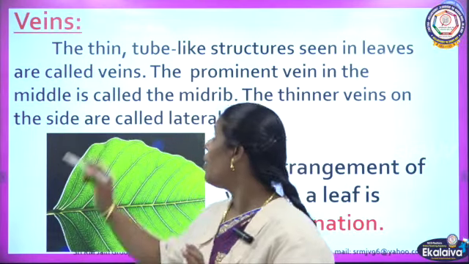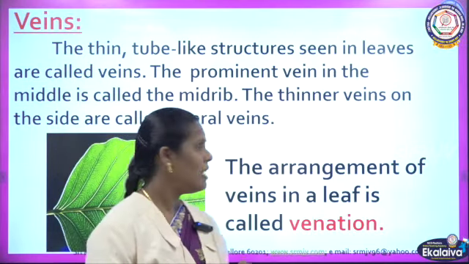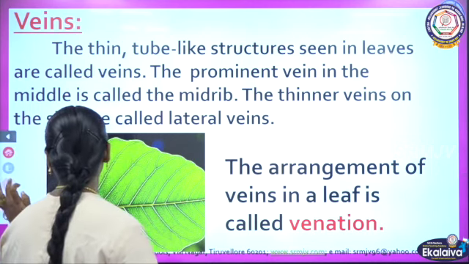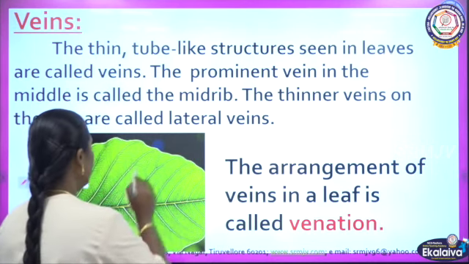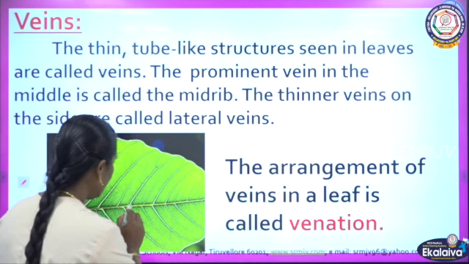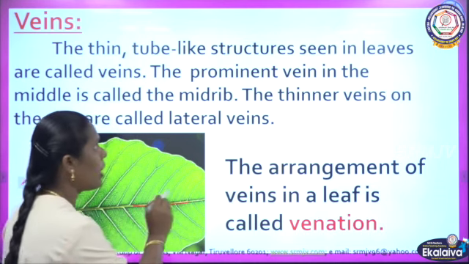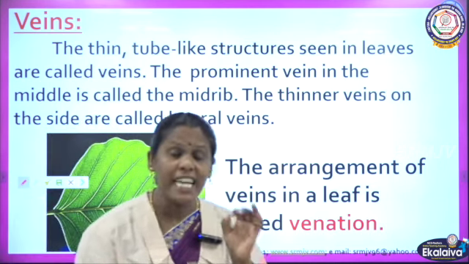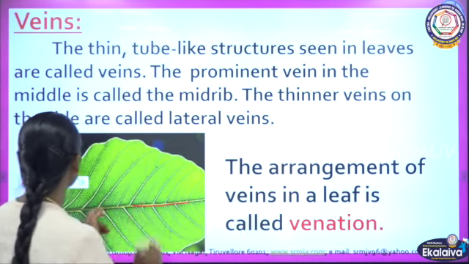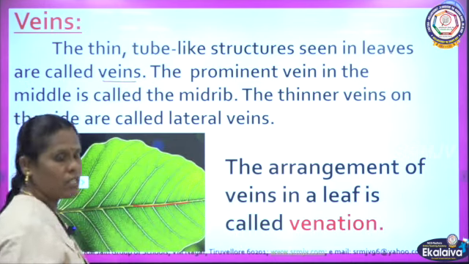Next one, veins. The thin tube-like structures seen in leaves are called veins.